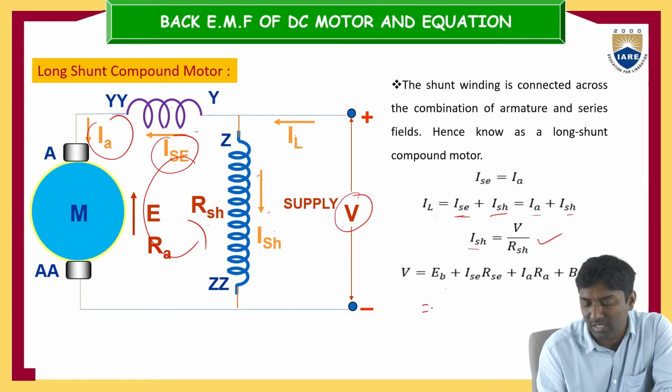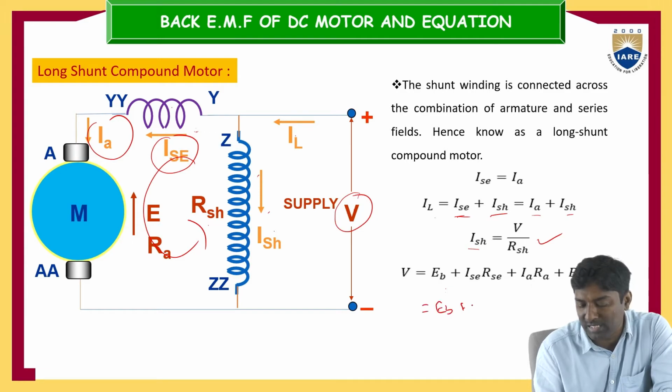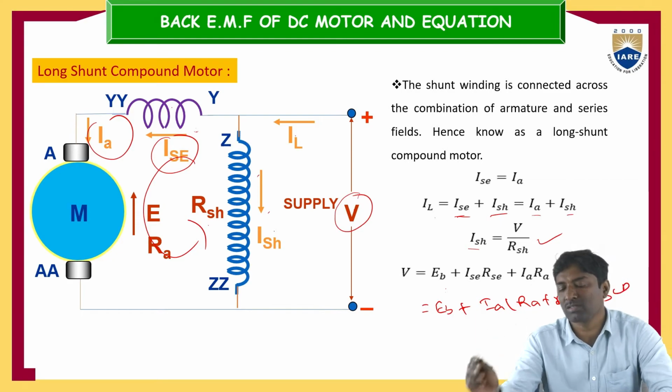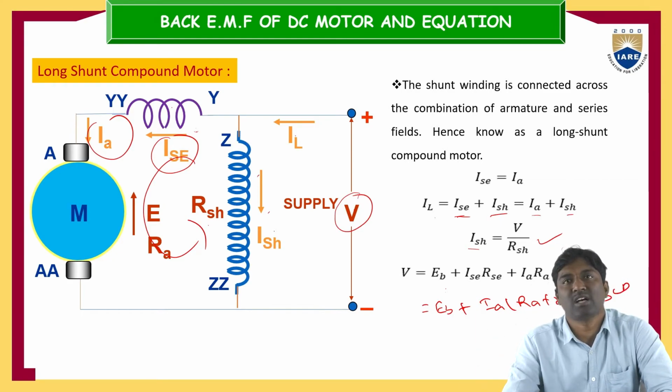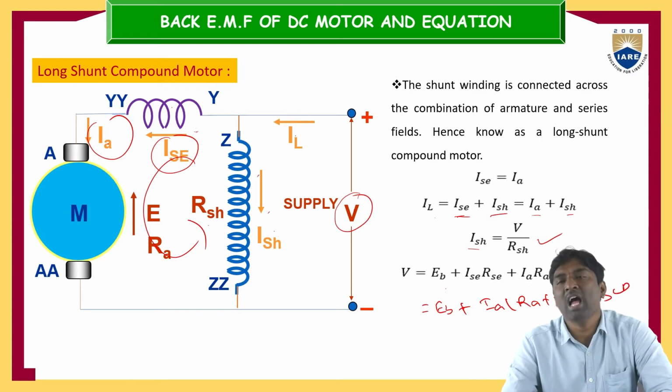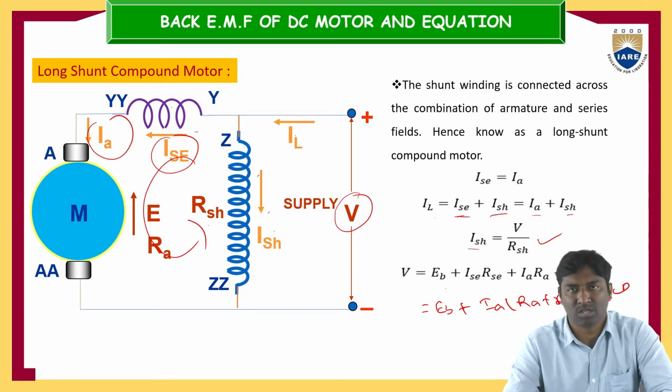So now I can write EB plus IA into (RA plus RSC) plus brush contact drop also. So, this is the long shunt compound motor. Long shunt compound motor.